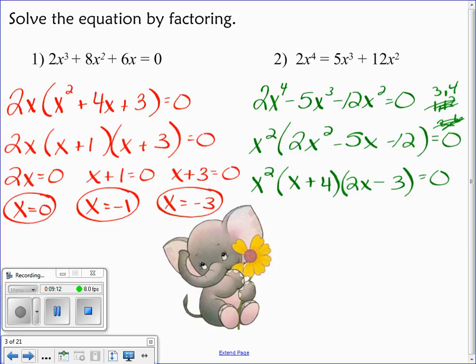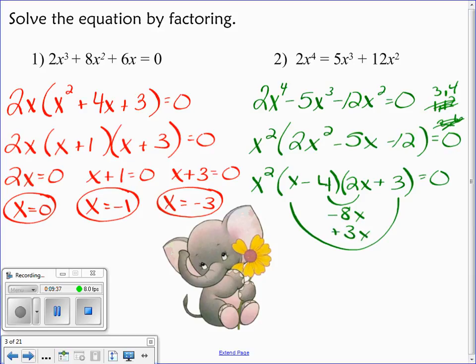How'd I do? My signs are wrong, right? Because this gives me 8x minus 3x. That makes positive 5x. I need negative. So that should be the plus. This should be the minus. That way when I check this, I get negative 8x plus 3x.